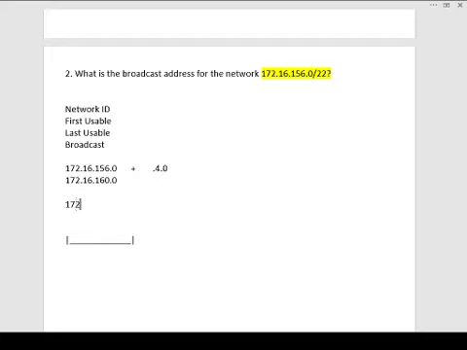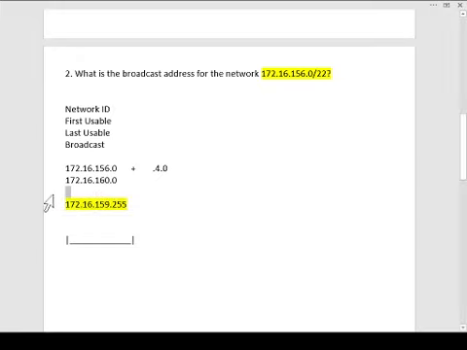We're going to go 172.16.160. Nope, 159. Remember, you've got to roll it back. I'll typically do that in class every now and then to see if somebody will catch me. So there is your broadcast for this particular problem.